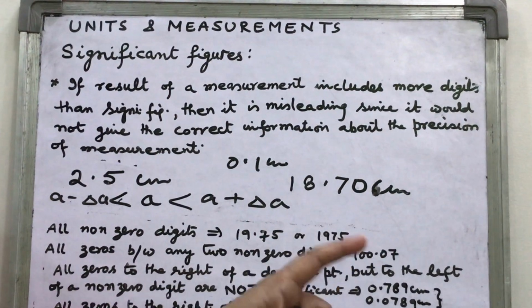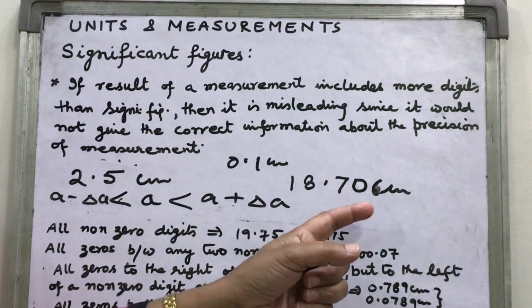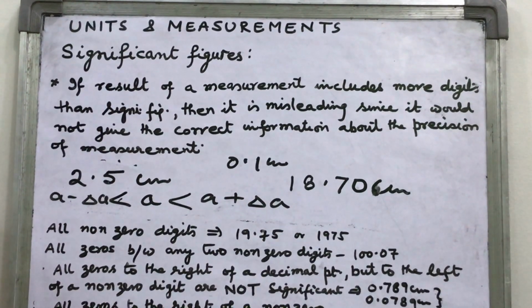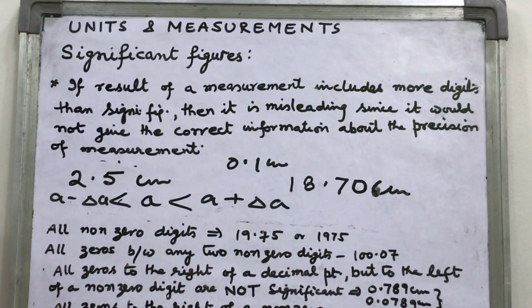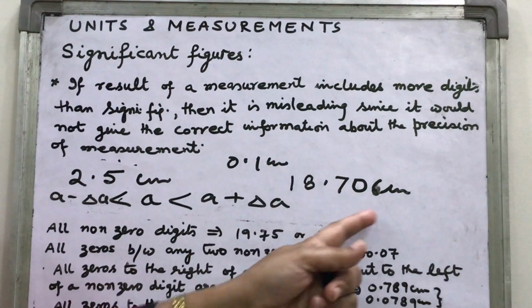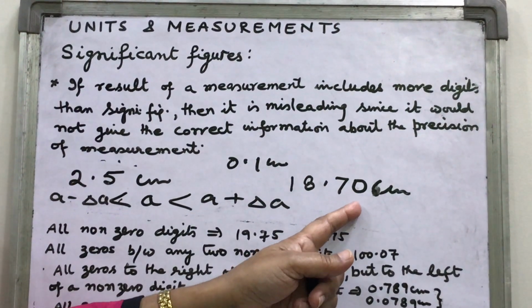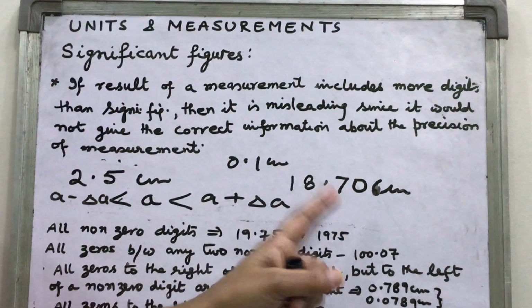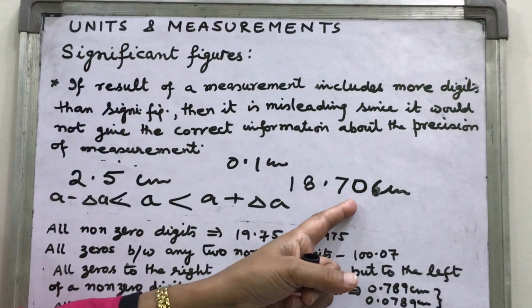If you think that 18.7 or 18.70 centimeter is the same, yes, by magnitude it is the same, but scientifically this 0, if the measurement is taken by scale, is unnecessary. It is a misleading measurement taken by scale.